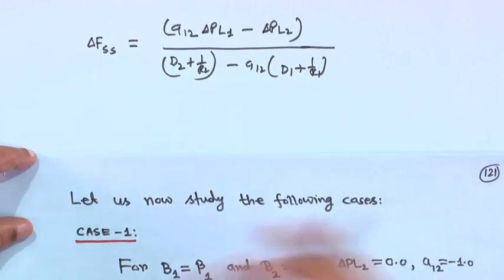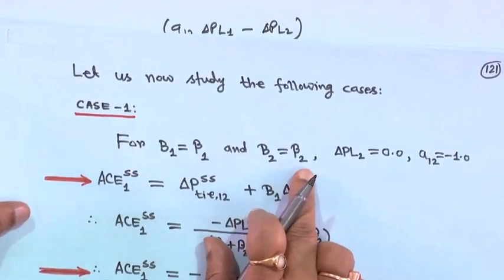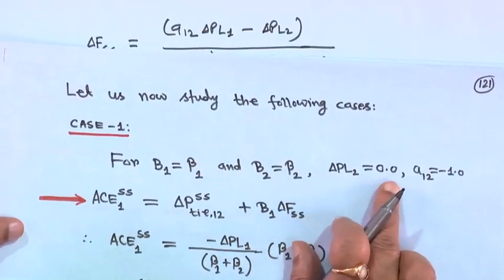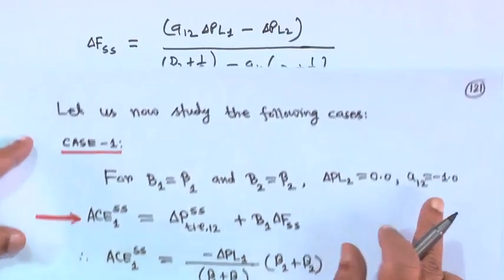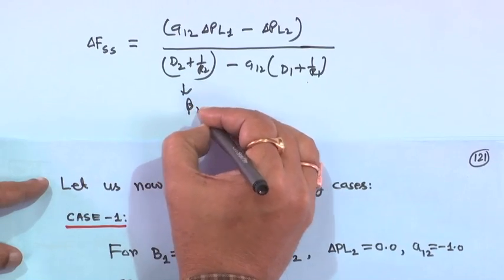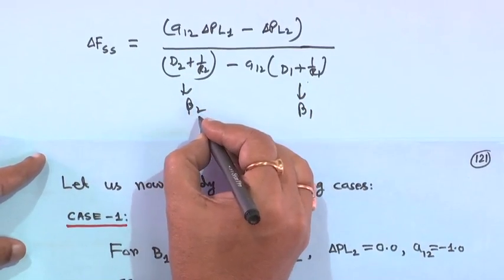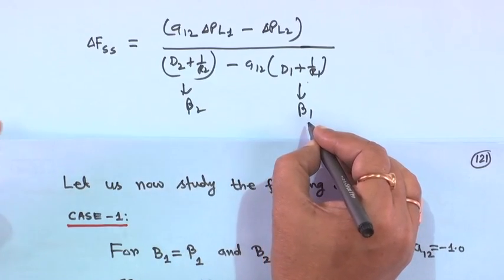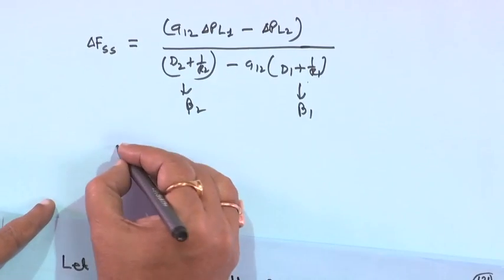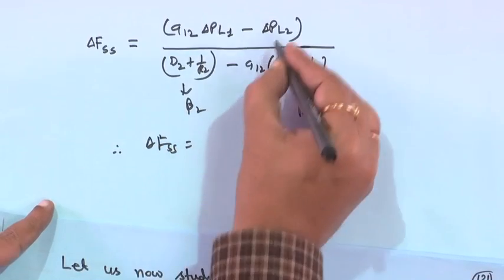Now, we know this is actually beta 2, this is actually beta 1, and we have taken here B1 is equal to beta 1, B2 is equal to beta 2, delta PL2 is 0 and A12 is minus 1. So if you substitute here, this is your beta 2 and this is your beta 1. So B2 is equal to beta 2 and B1 is equal to beta 1.